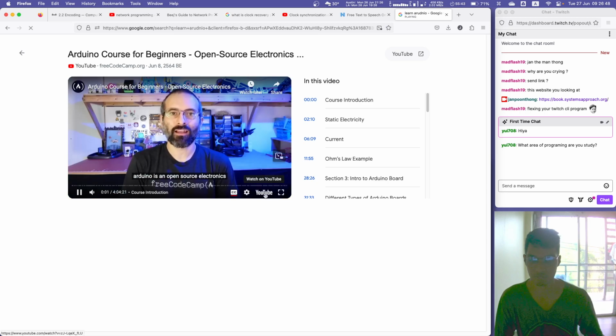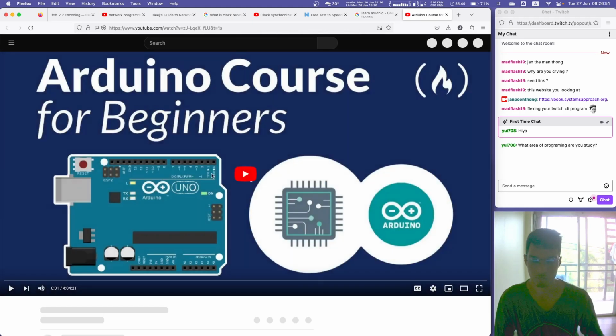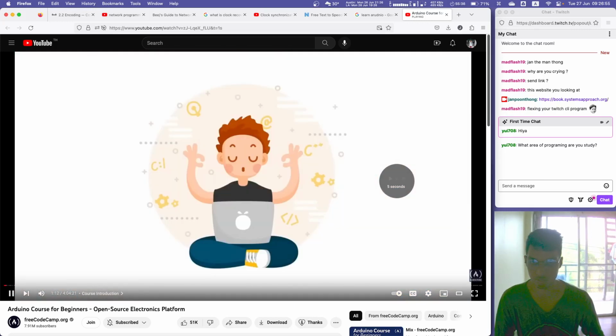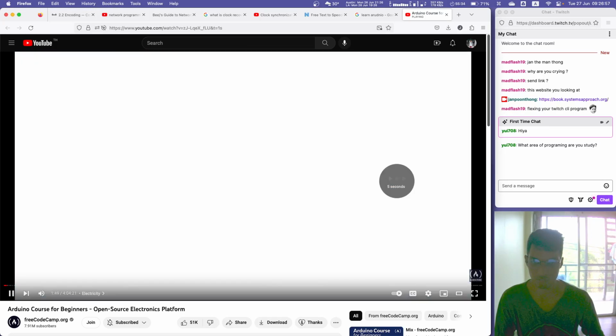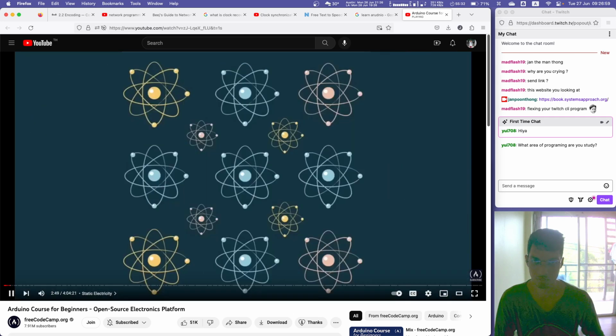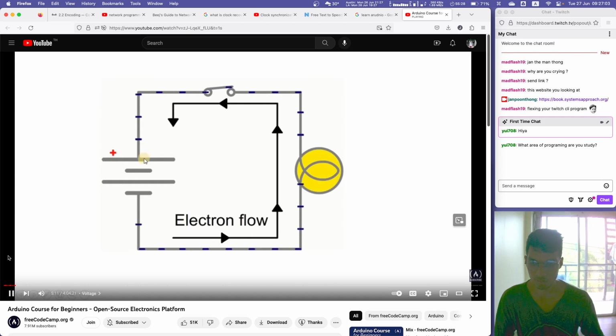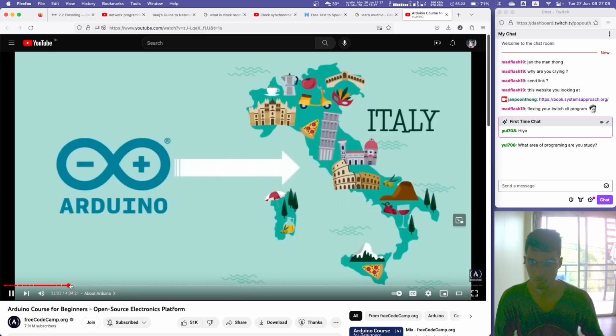Arduino is an open source electronics tool. You can see these electrons are moving in a wire like this.